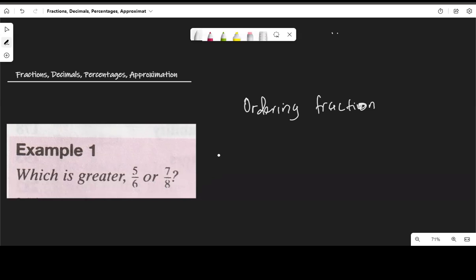The highest result will give me the fraction that is greater. So the LCM of 6 and 8 is 24. I'll multiply the first fraction, 5/6, by 24. 6 here 1, 6 here 4. 4 times 5 is 20. That is for the first fraction.